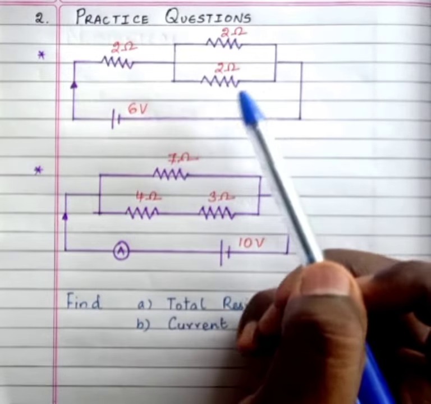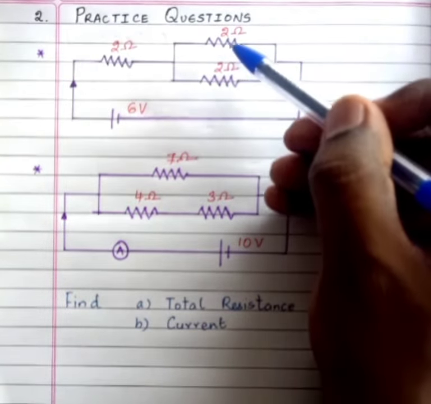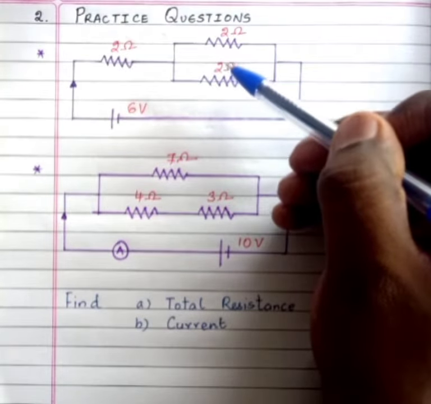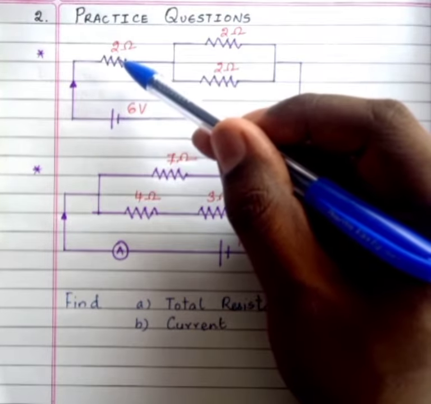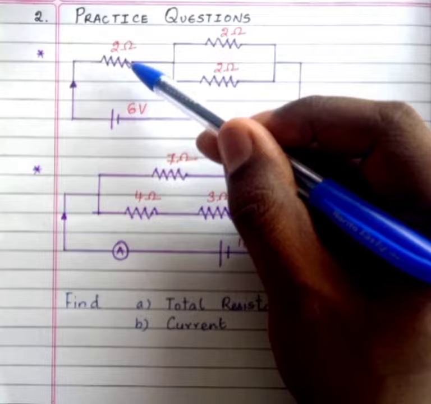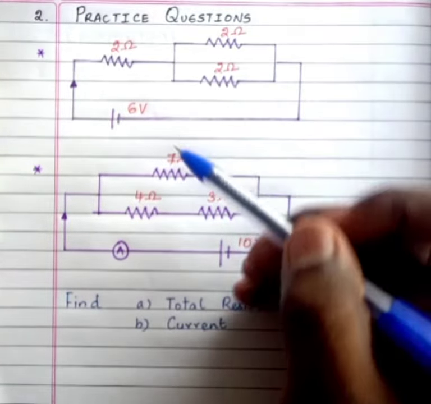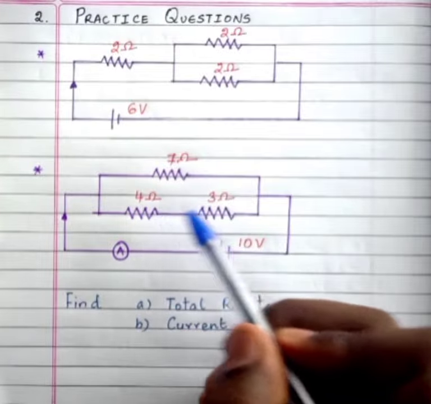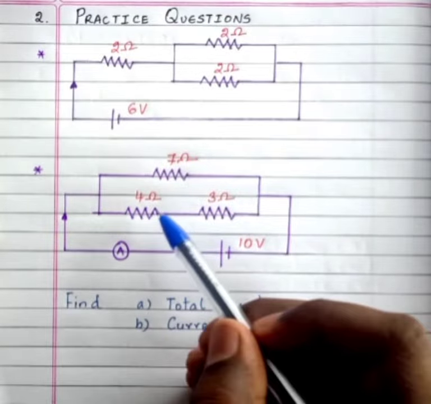First question: observe the circuit and find out the total resistance and current. If you observe here, the 2 ohm and 2 ohm resistances are in parallel, find the effective resistance. Then the effective resistance of these two resistors is in series with the 2 ohm resistance. Now it is a similar problem to what we have solved.